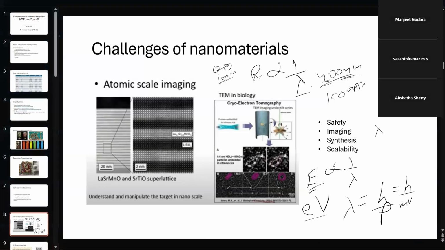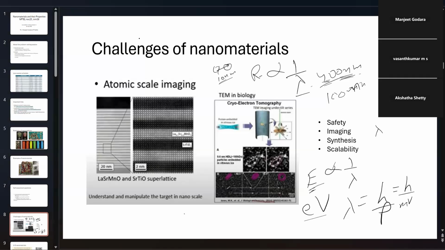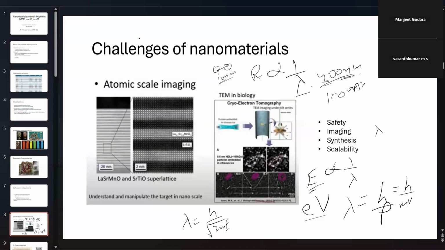In terms of energy, lambda is equal to h over the root of 2mE, where E is your energy. So the more energy you impart to the electron, the smaller its wavelength. With smaller wavelengths, you'll get higher resolution. So that's why we use electron microscopy.